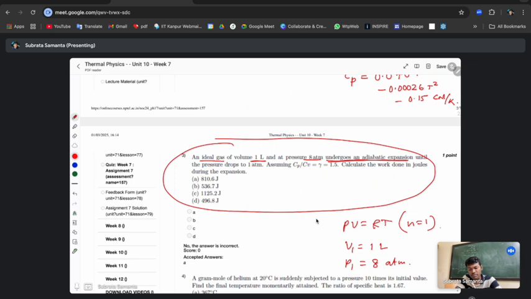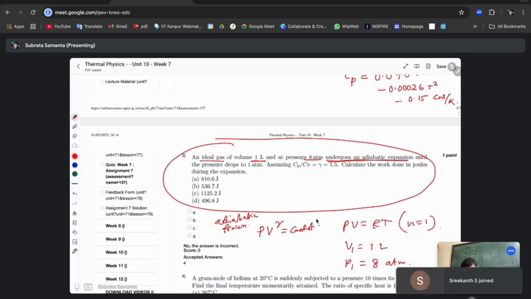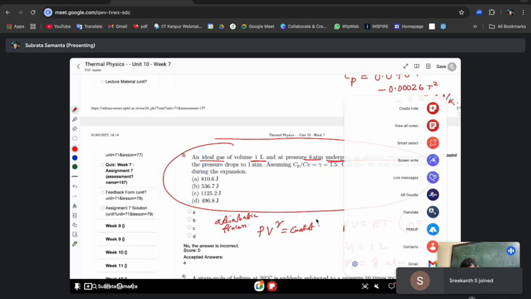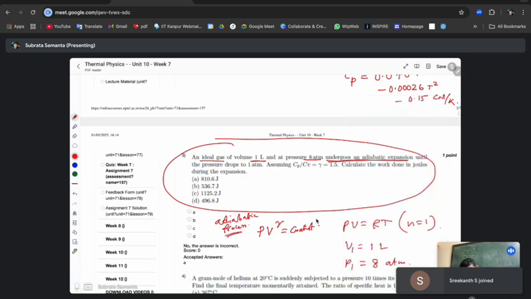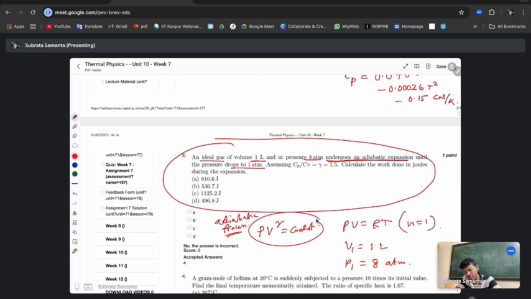For an adiabatic process, what is the equation? It's P V to the power gamma equals constant, until the pressure drops to 1 atm.